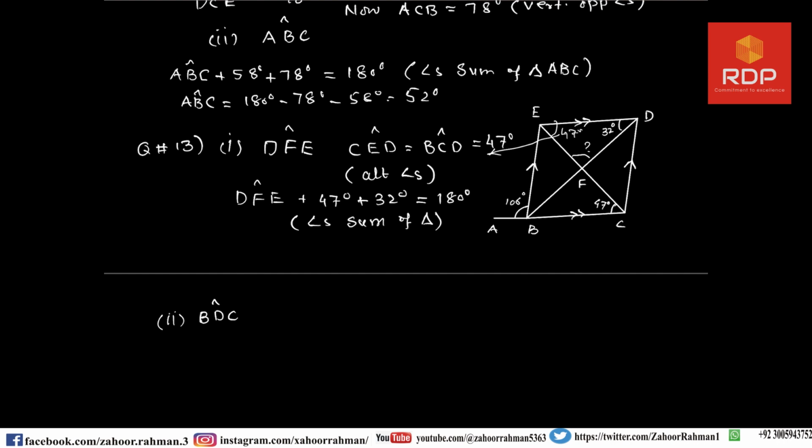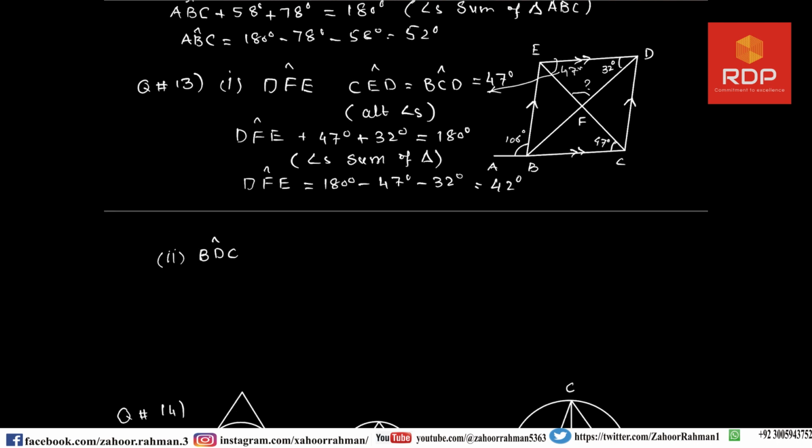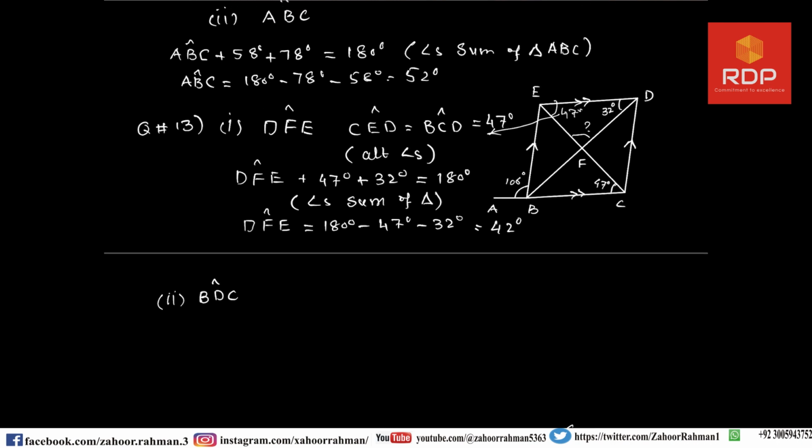So now we are writing DFE to be 180 degrees minus 47 degrees minus 32 degrees, and when we calculate it we will get 42 degrees. So the answer of DFE is 42.